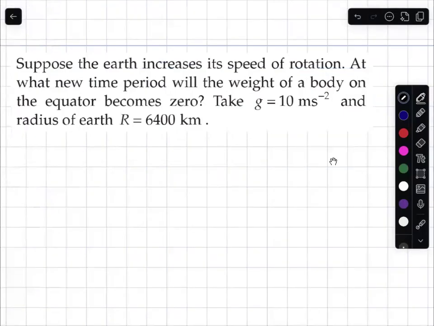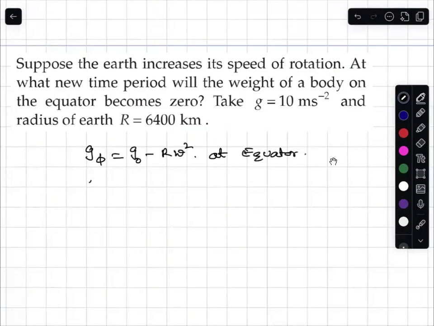Suppose the Earth increases its speed of rotation, at what new time period will the weight of a body on the equator become 0? Take g equal to 10 meter per second square and radius of the Earth R equal to 6,400 kilometers. Can you please express what exactly he wants? What omega is required so that g' is 0? g' is g0 minus R omega square at the equator.